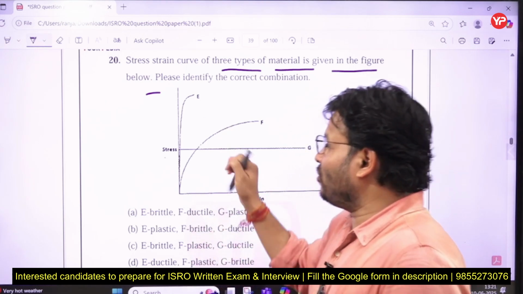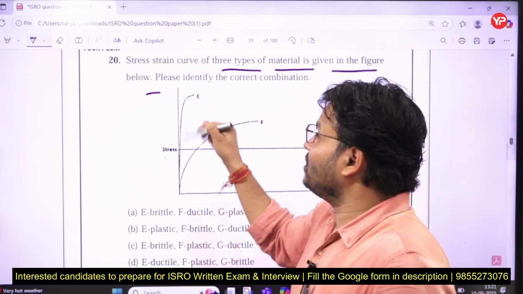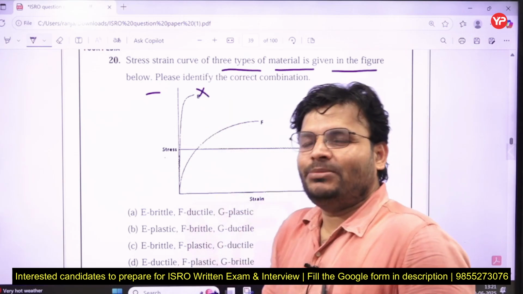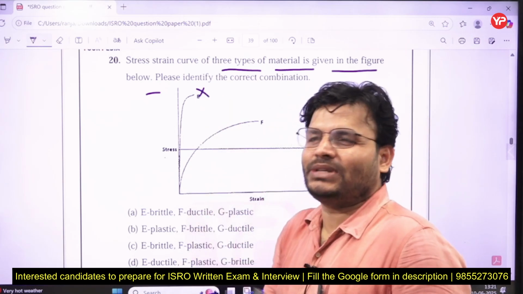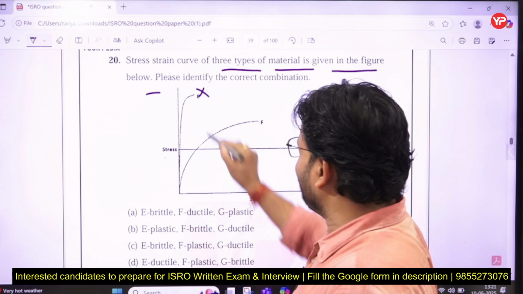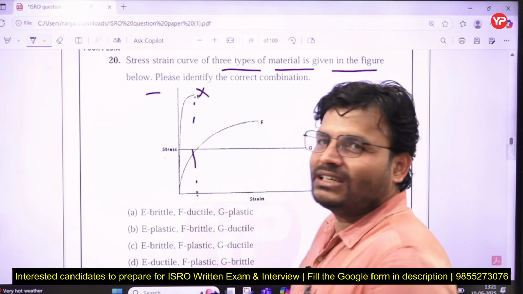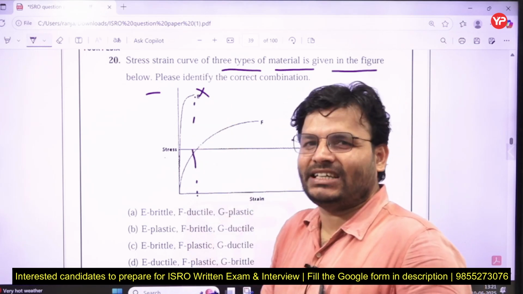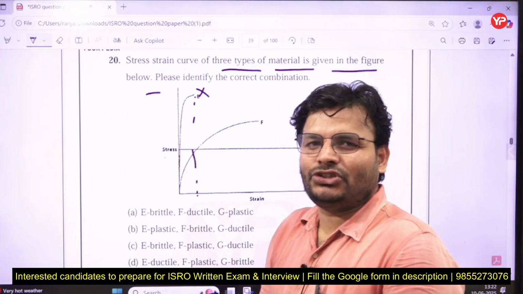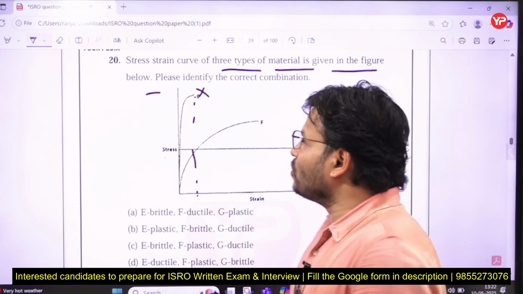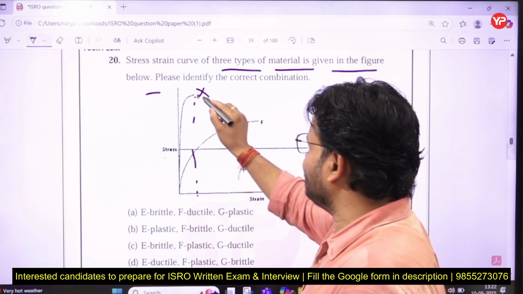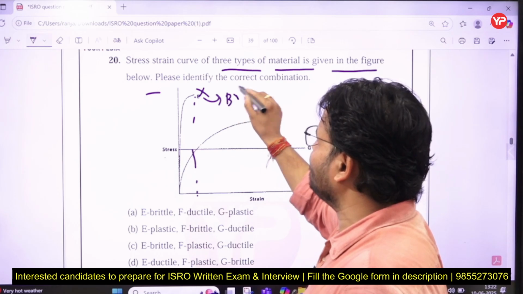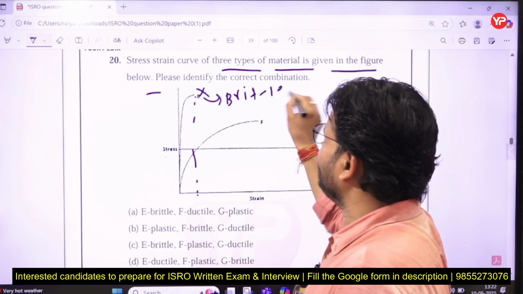My dear friends, if you go through E, we can say this is going to fracture at a very small change in length, or you can say strain, which you can observe is very, very small. If anything is going to fail at a very, very small strain, then obviously that material is known as what, my dear friends? Brittle. So E will be a brittle material, right?